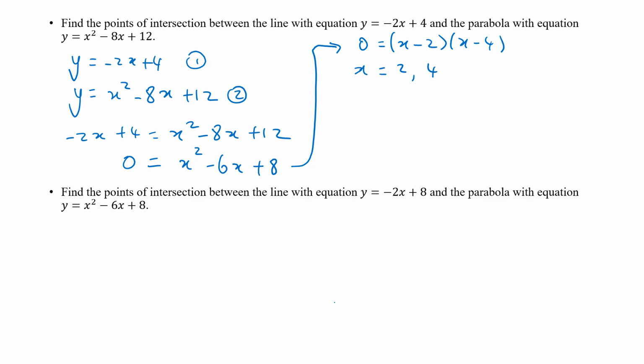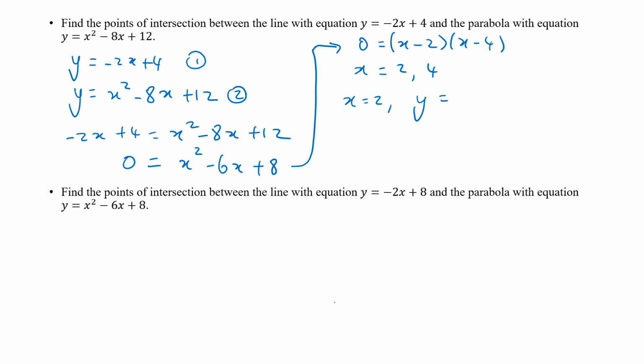Okay, once you have your two values, what do you do? Good. Now, which one would you like to put it in? The first one or the second one? First one, why? Because it's easier. Always put it in the easier one.